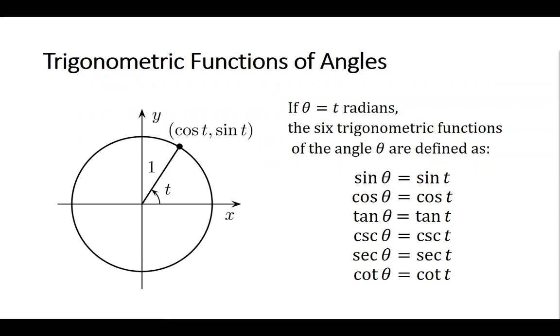So we're just replacing t with theta, which is quite often used to represent an angle. Another one that's commonly used is phi, generally used for a phase shift, but theta is very commonly used for the measurement of an angle, especially when you're dealing with trigonometric functions.